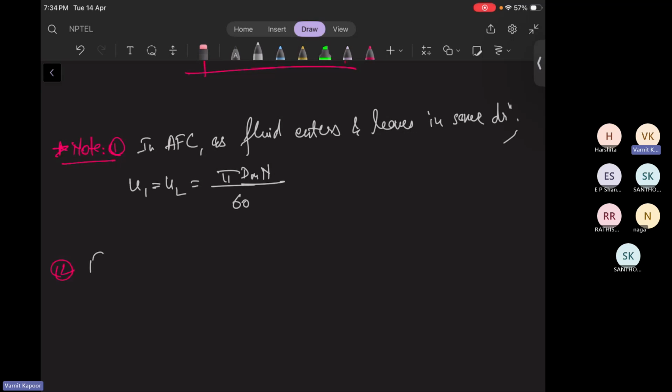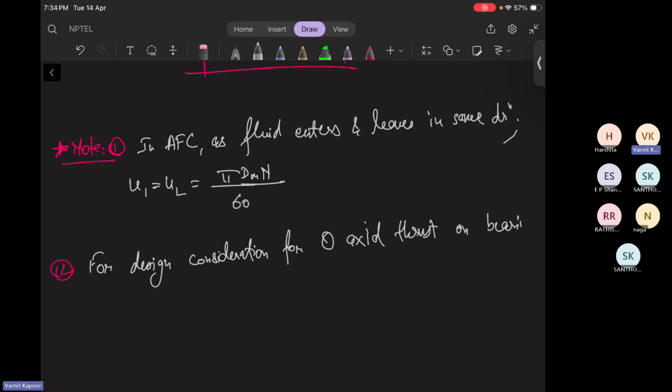So for design consideration, for less stresses, or zero axial thrust on the bearing, assume Vf1 is equal to Vf2.